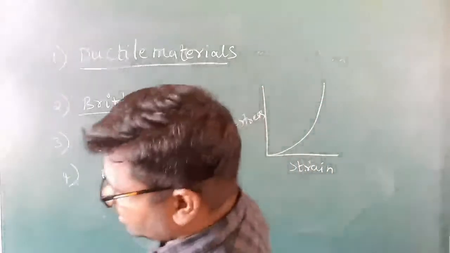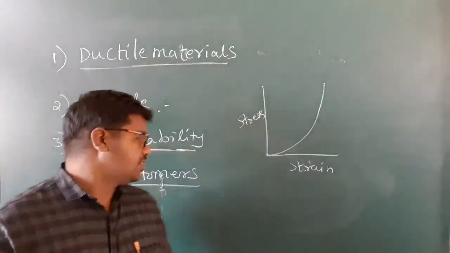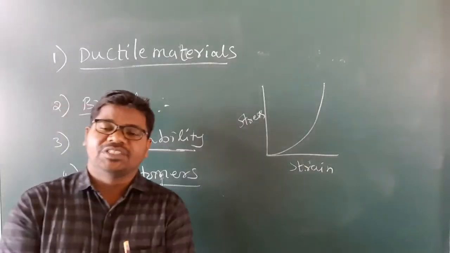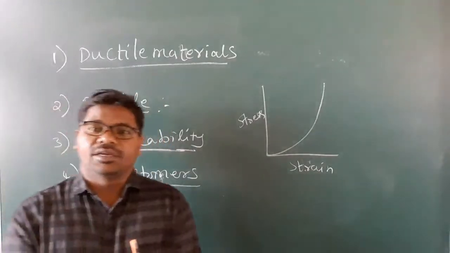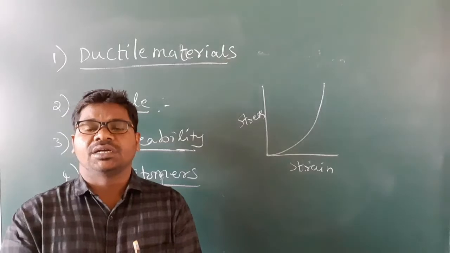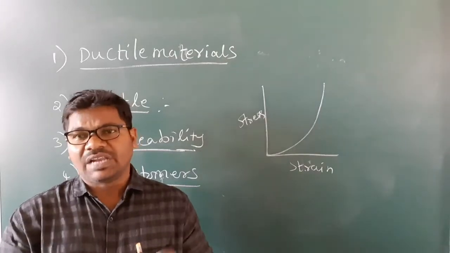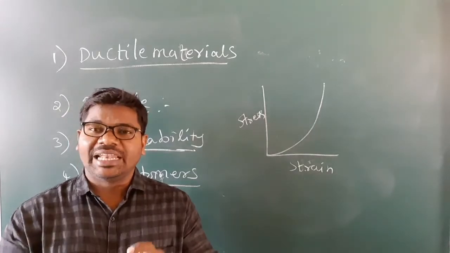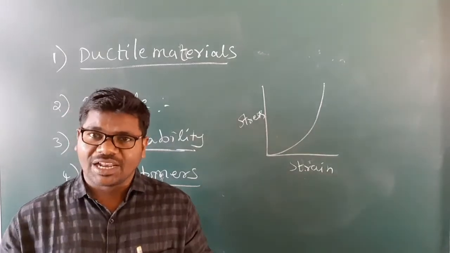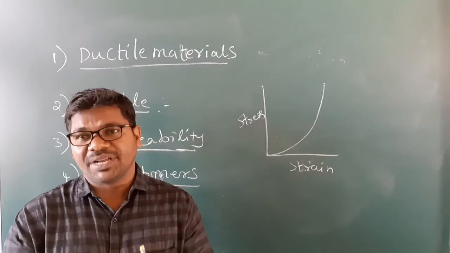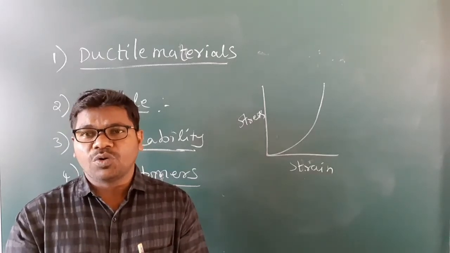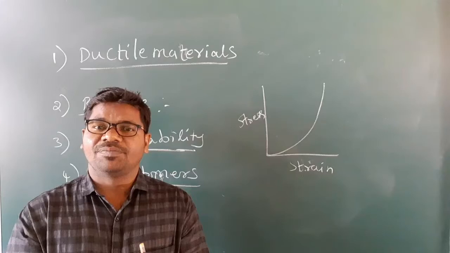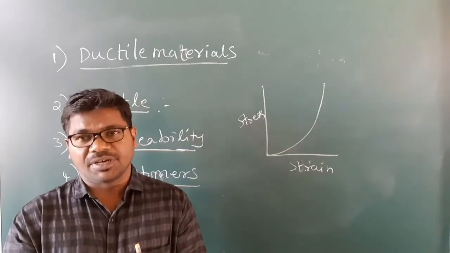Elastic materials or elastomers are defined as materials having large elongation, which means with a small amount of stress we can observe more strain. A material which has more strain, we can say is an elastomer.